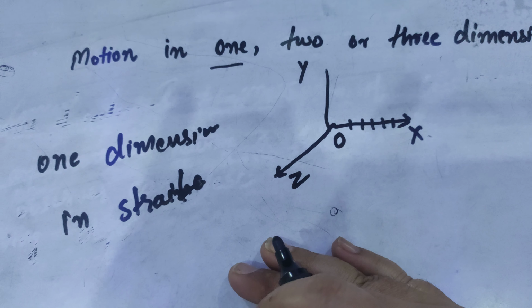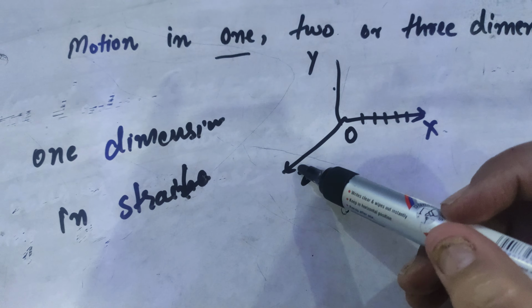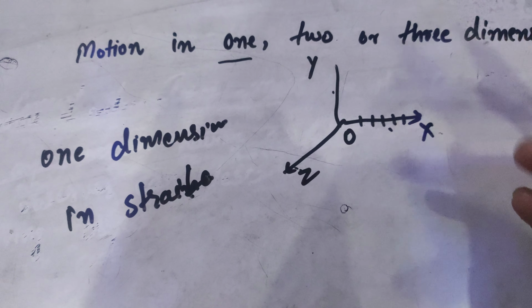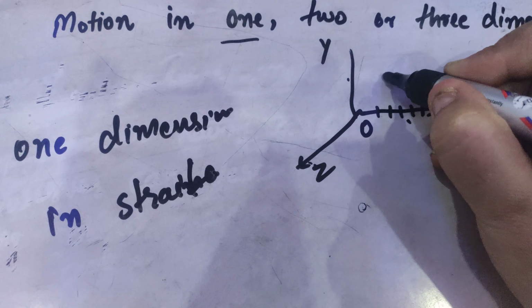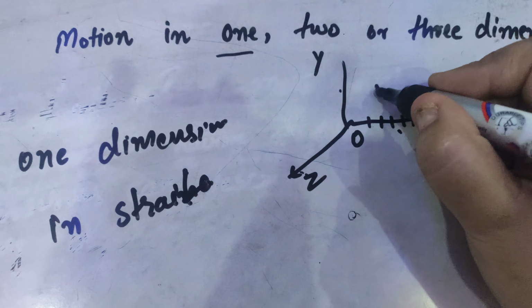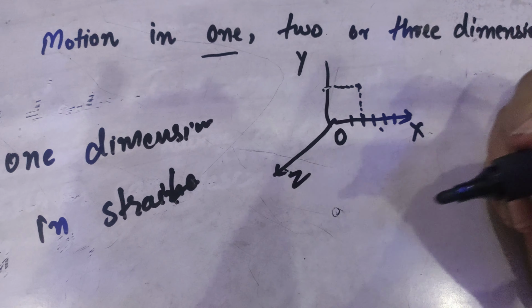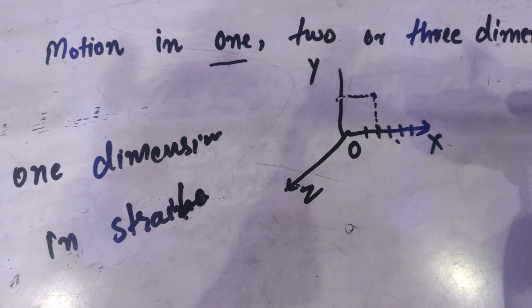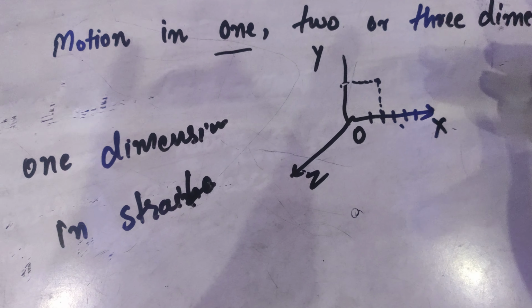When we talk about two dimension motion, it means that either the x, y, or y, z, or z, x coordinates are changing. For example, if I am talking about this position, in this case two position coordinates are changing, so this is two dimension motion.